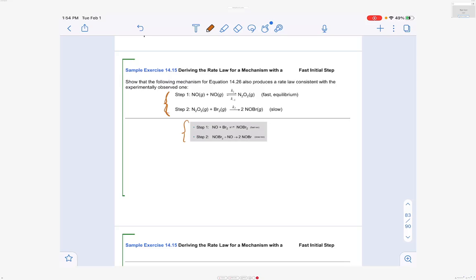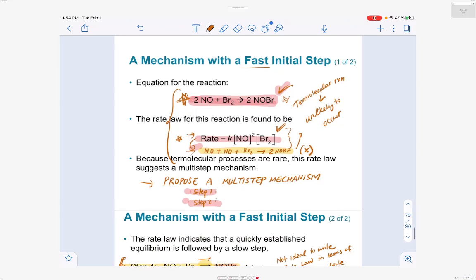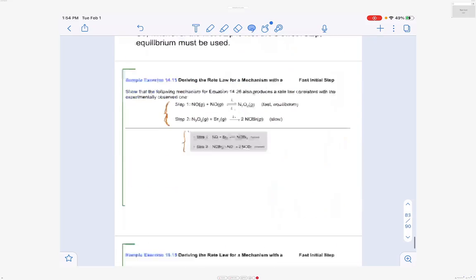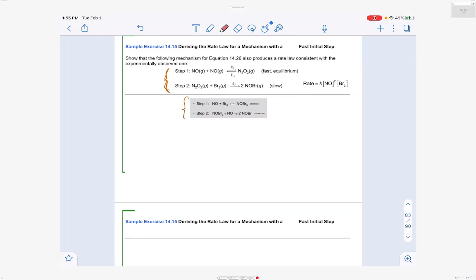We want to check and see if they said that the rate law, they say these mechanisms and these mechanisms will agree with this rate law. We're going to see if that's actually true or not.